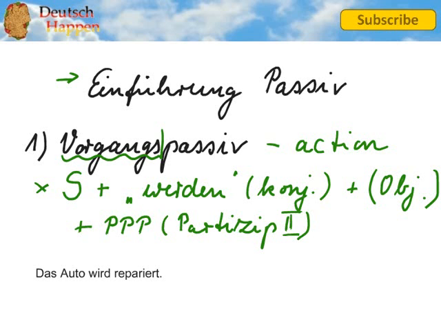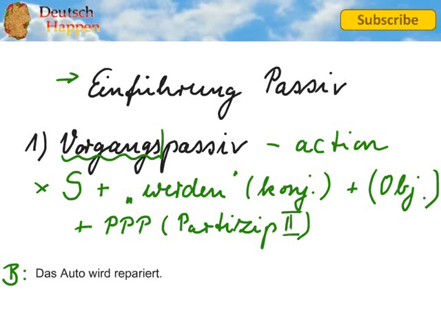And as sometimes some people have problems with my handwriting, our Beispiel down here is therefore typed. Our sample sentence for a Vorgangspassiv is: das Auto wird repariert.